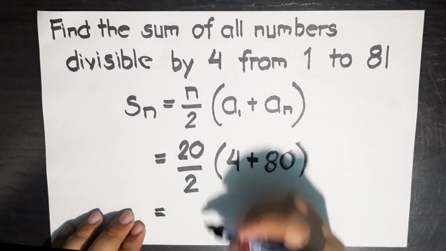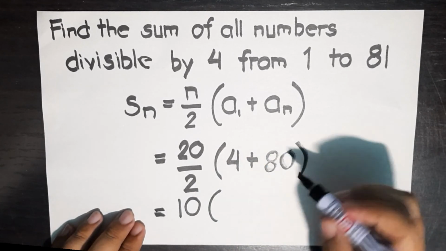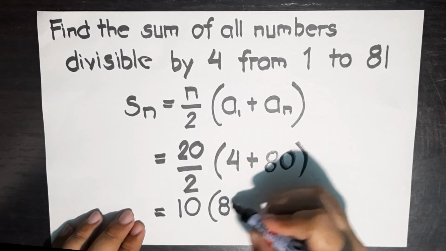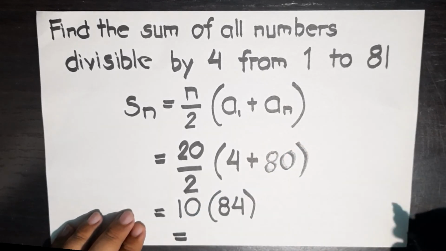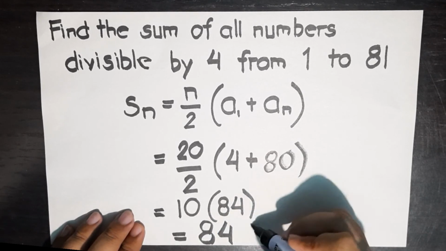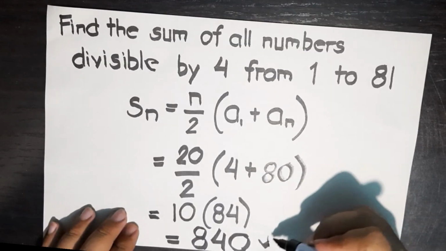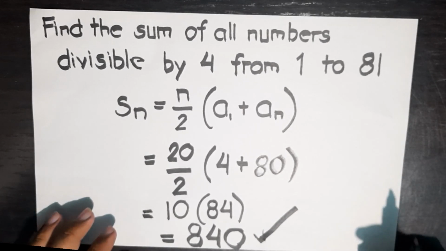Next, 20 divided by 2 will give us 10 times 4 plus 80, 84. 84 times 10 will give us a final answer of 840. Sorry. So that's your final answer.